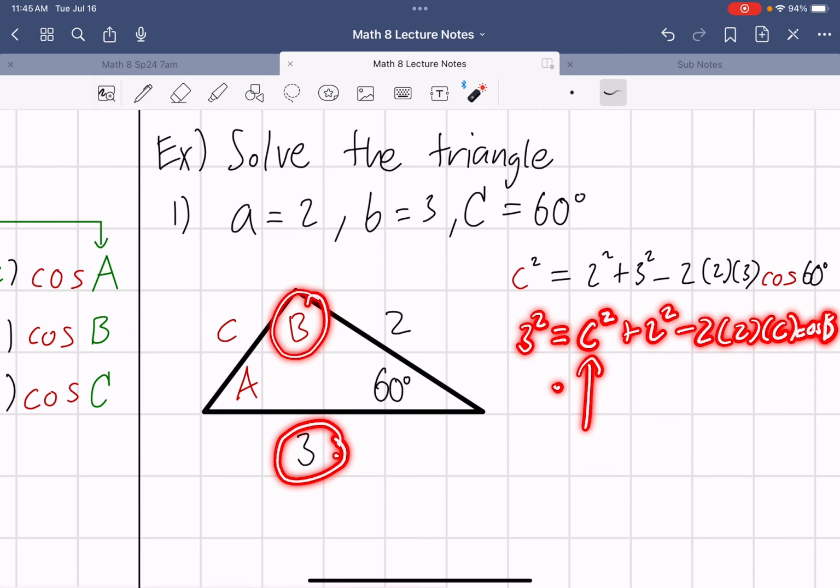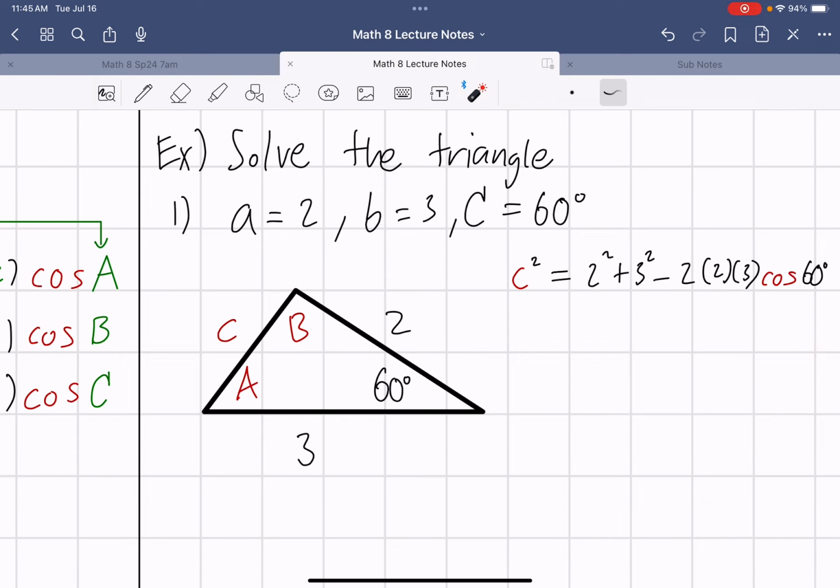But now you notice I had two unknown variables in that situation. So I would not want to use this one because of the two unknown variables. As long as I only have one unknown variable, that's all I'm looking for.